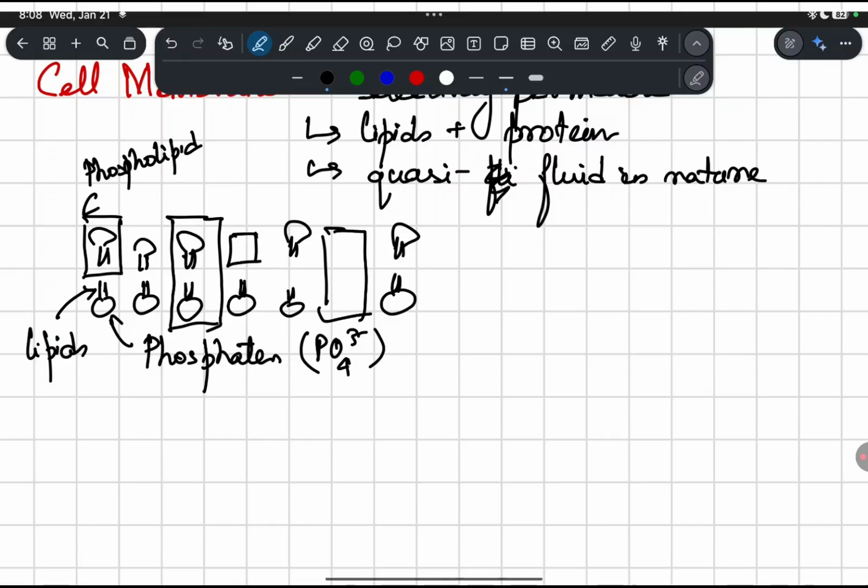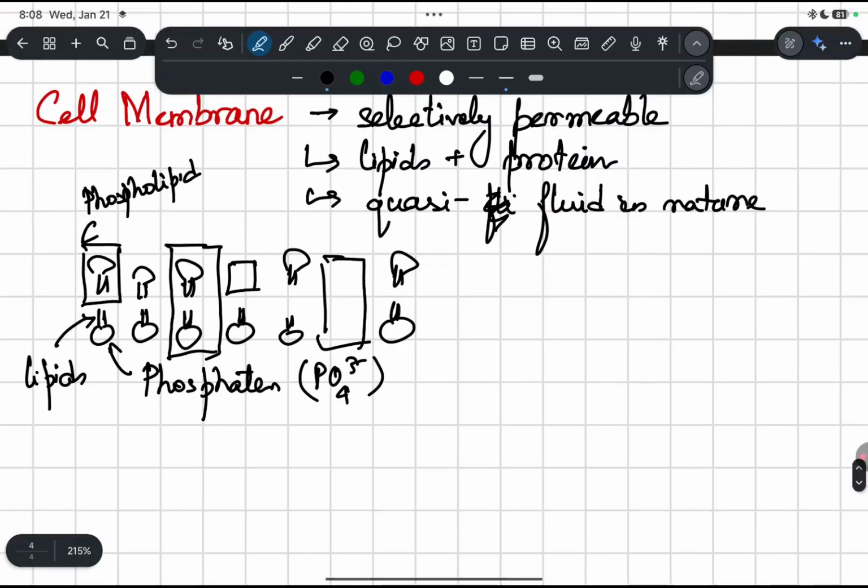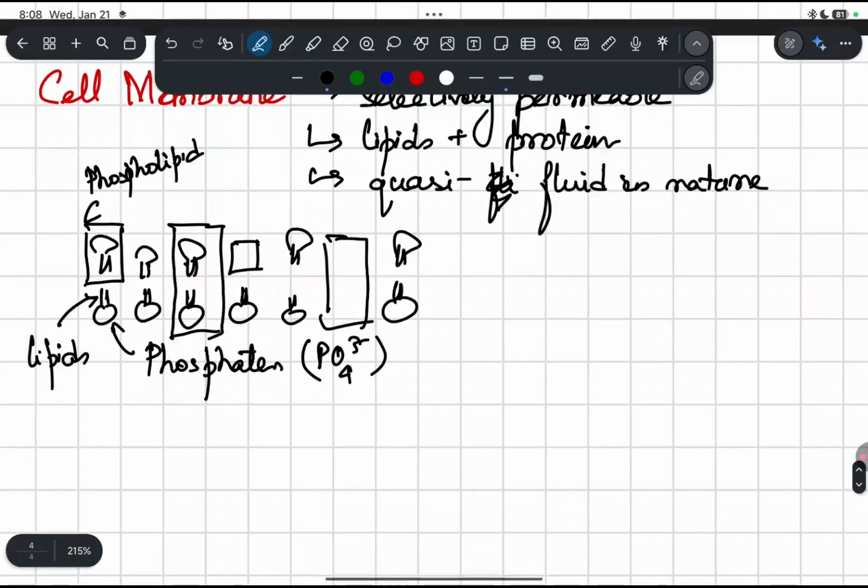And if we take both of them, we'll call it phospholipid bilayer.